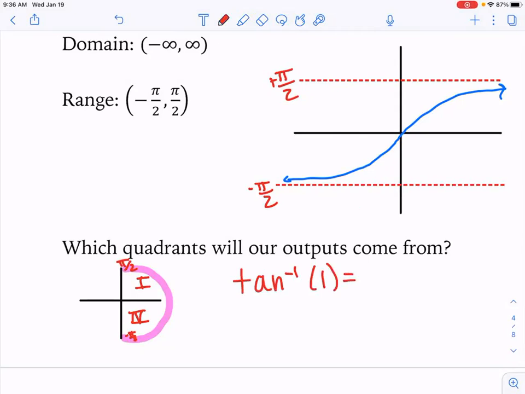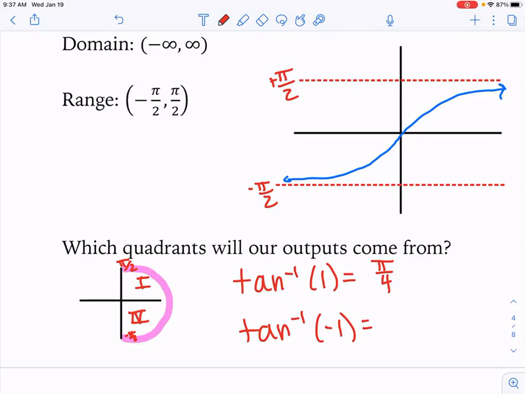If I were to ask you to evaluate the inverse tangent of 1, we're going to find an angle in the first quadrant whose tangent ratio is 1. Which angle is that? But if I change this to the inverse tangent of -1, I have to find an angle now rotated down negatively in the fourth quadrant.